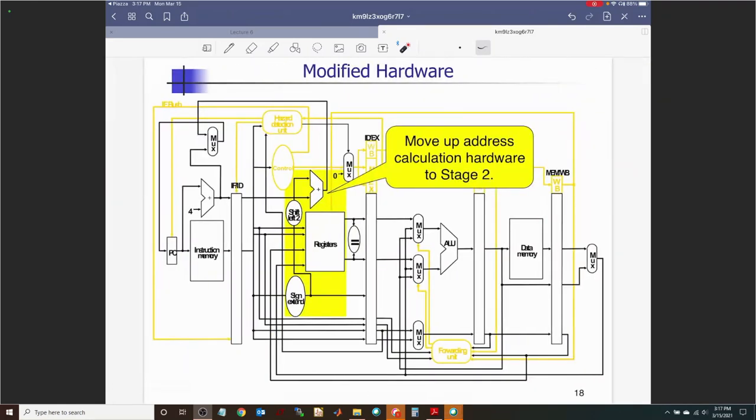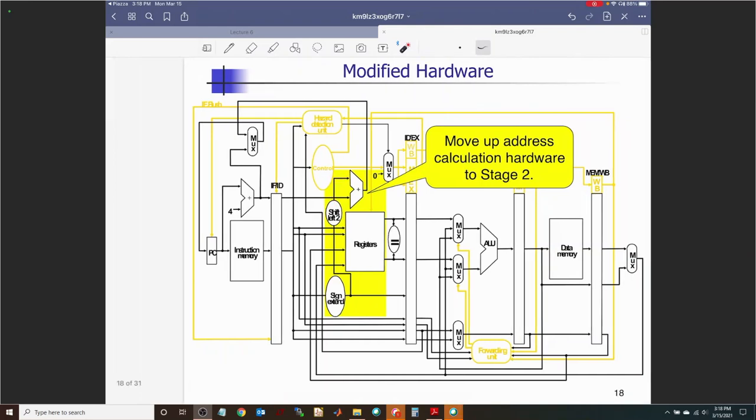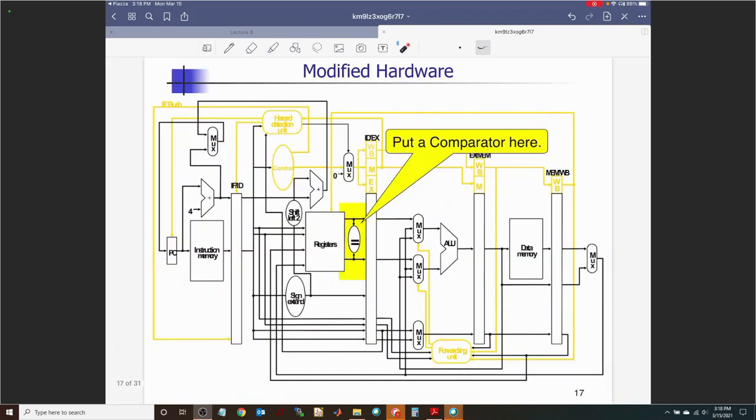But for this, we would also have to move up the address calculation, because remember, the branch when equal needs to have an offset. That offset is a word offset, so you have to convert it into a byte offset by shifting left by 2, and you have to add that offset to the current PC, right?